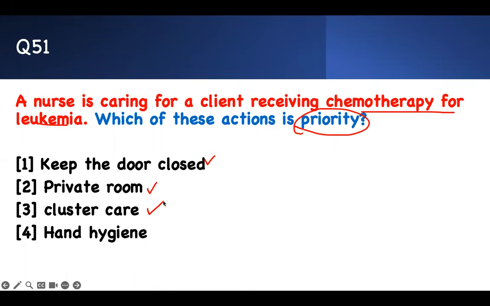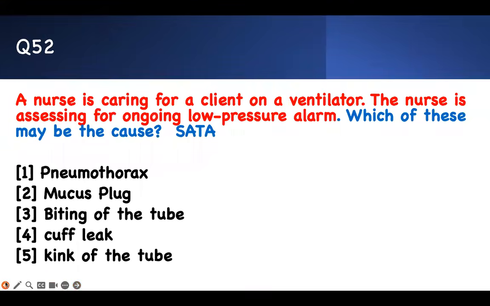Cluster care, fine. But if I don't wash my hands and bring the germ to you, you're in trouble. So hand hygiene is the most important. So the nurse needs to wash the hands, make sure of hand hygiene.